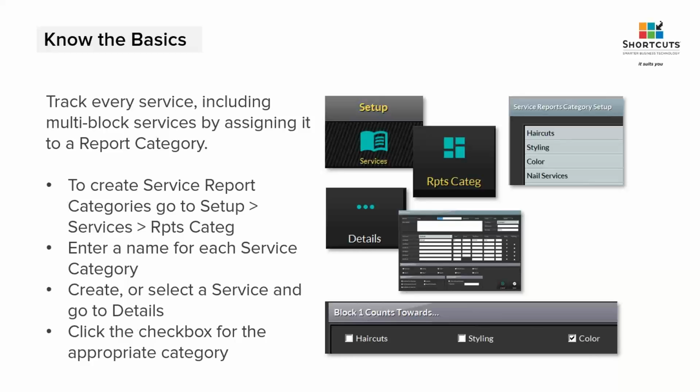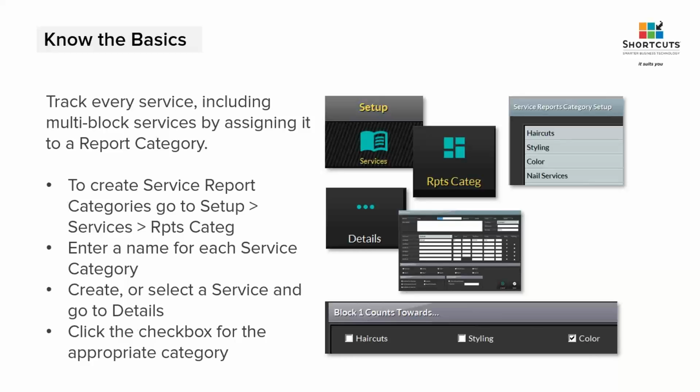Now, if you're a spa and you have dozens of different services or different blocks of services when you're offering a package service, such as a spa treatment, which may be a hair service plus a massage plus a treatment in a treatment room. So all of those can be tracked under one service. And each block will keep track of the specific things.